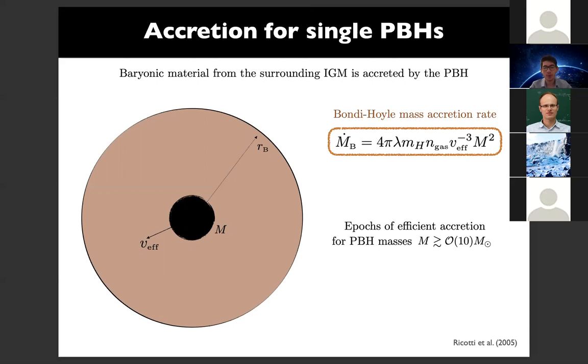The important point is that during the cosmological history, primordial black holes may undergo epochs of efficient accretion if they are massive enough.